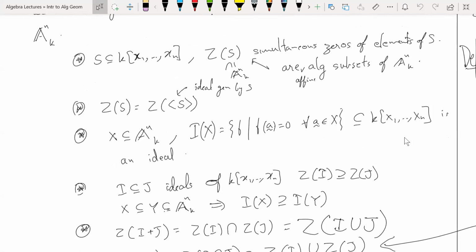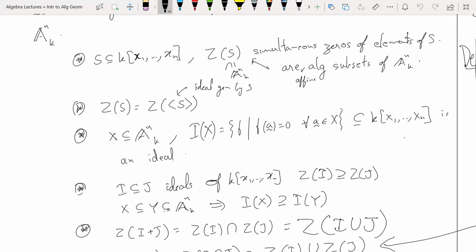Now, given any subset X of affine n-space, you can define an ideal: the collection of F such that F(a) vanishes for all a in X. You can check that this is an ideal, because if F and G both vanish at all points a, then their sum will vanish. And if G is some element of the ring k[x1, ..., xn] and F vanishes at all a in X, then of course G times F will also vanish. So this is indeed an ideal.